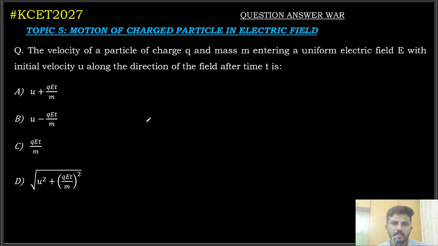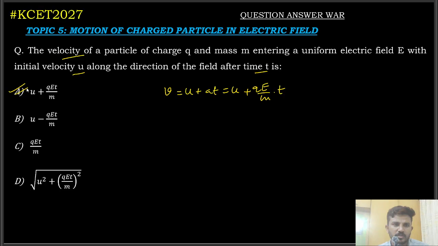Clear? Next. The velocity of a particle of charge q and mass m entering a uniform electric field E with initial velocity u along the direction of the electric field after time t is. So the velocity they are asking, v is equal to u plus at, where a is qE by m, into t.